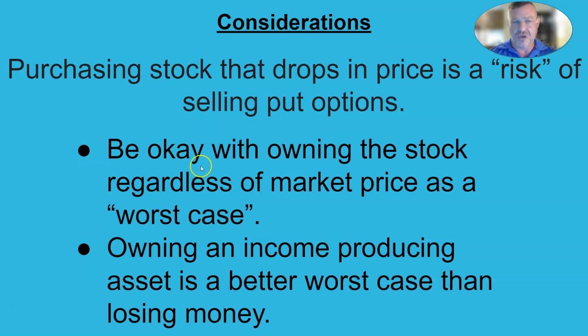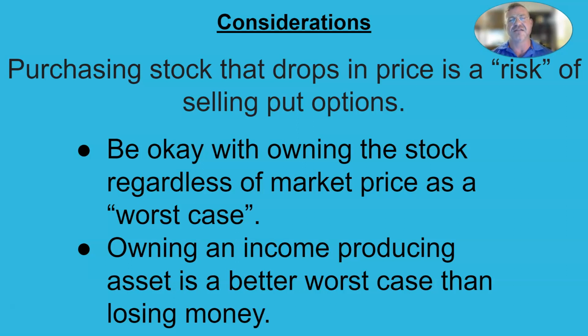So again, you need to be okay with owning the stock regardless of the market price, as a worst case scenario, right? Your absolute worst case scenario is if the business goes bankrupt, the price goes to zero.